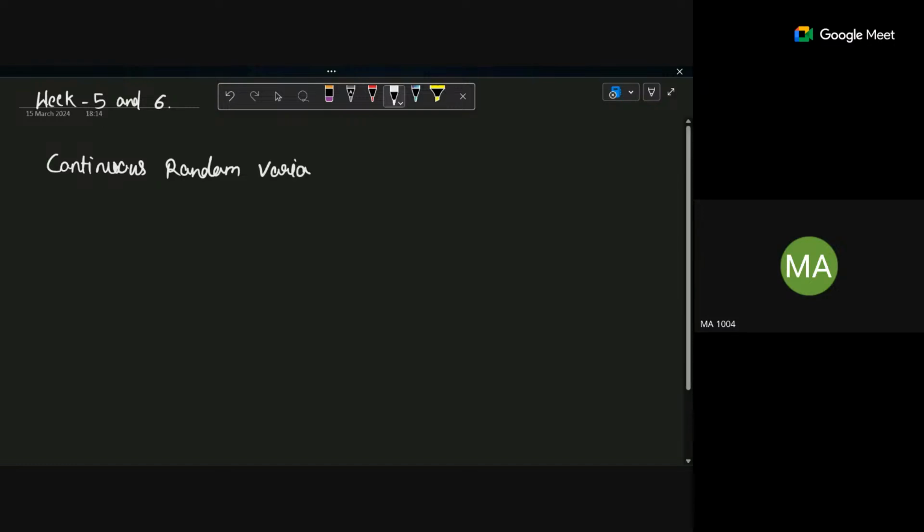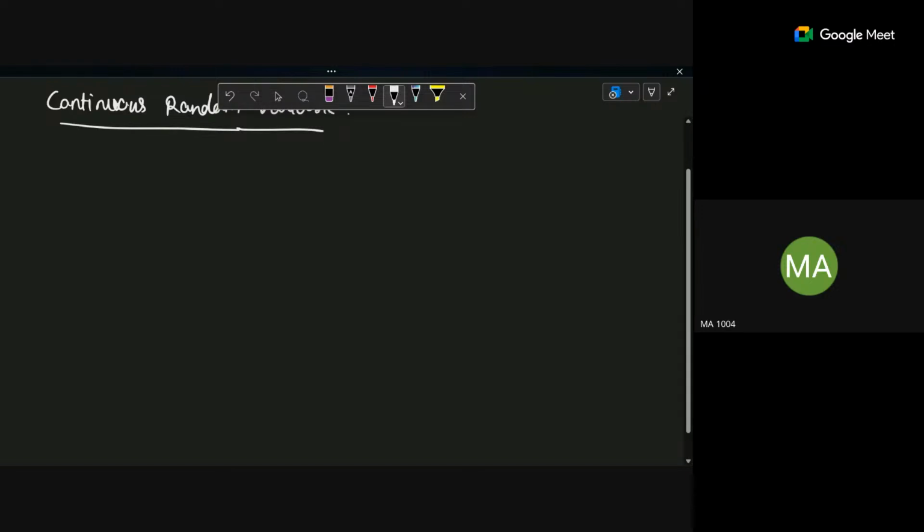Once you have a continuous random variable, you know that your random variable is continuous and some PDF is given about that. Let's say x is a continuous random variable and we are forming some function of x. That means, let's say y is a function of x. You know the distribution of x.